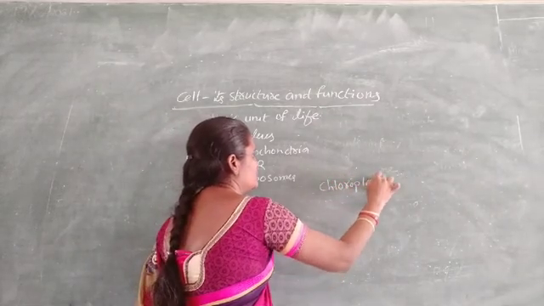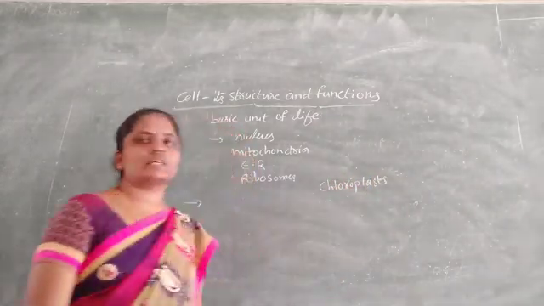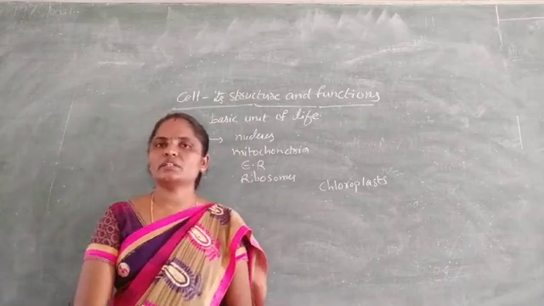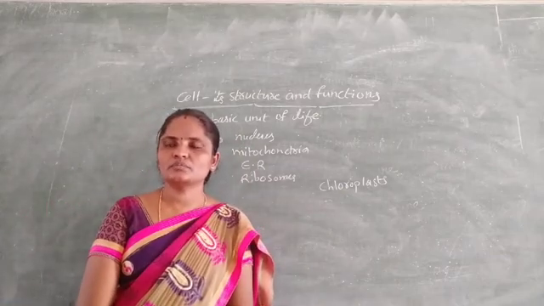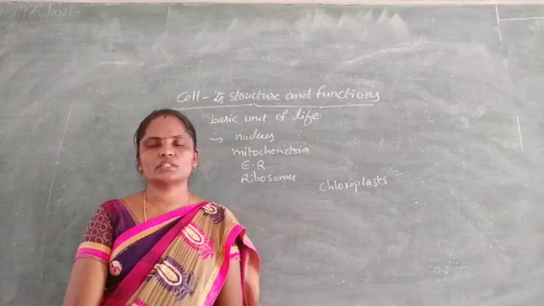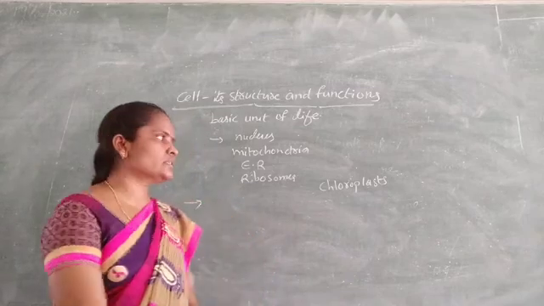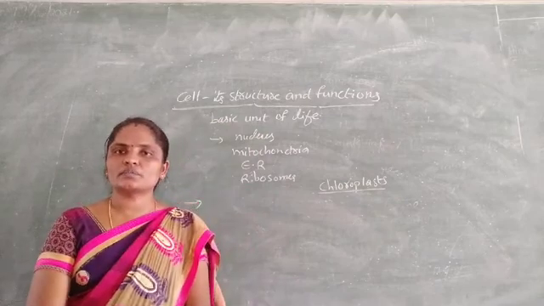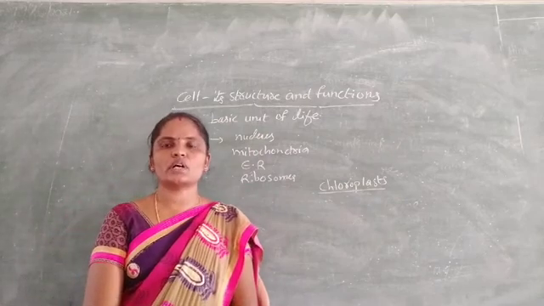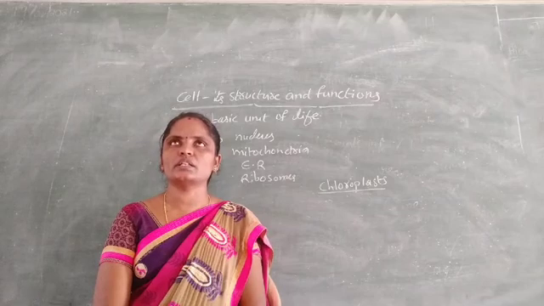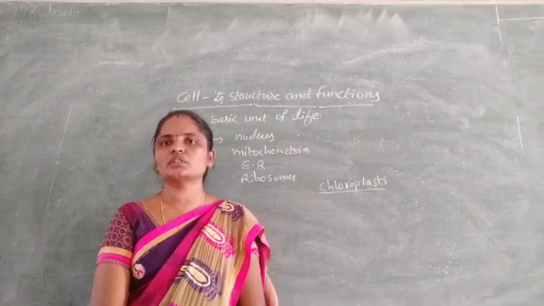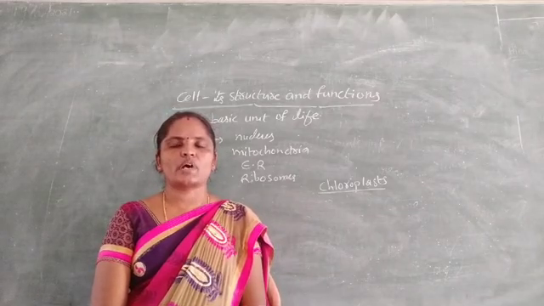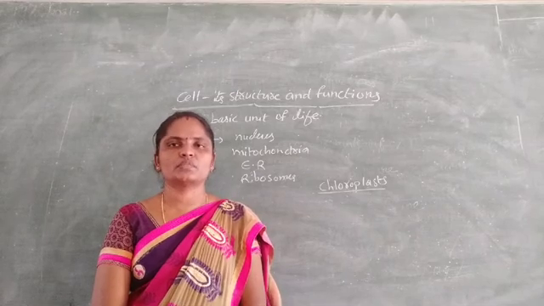Can we find the chloroplast in the animal cells? No, you cannot find it, because chloroplasts are present in the green parts of the plants, like leaves, and also in green parts like the tender stems, etc.